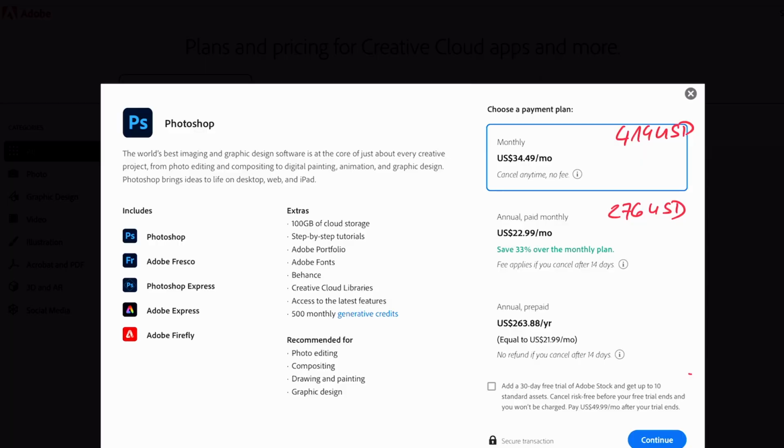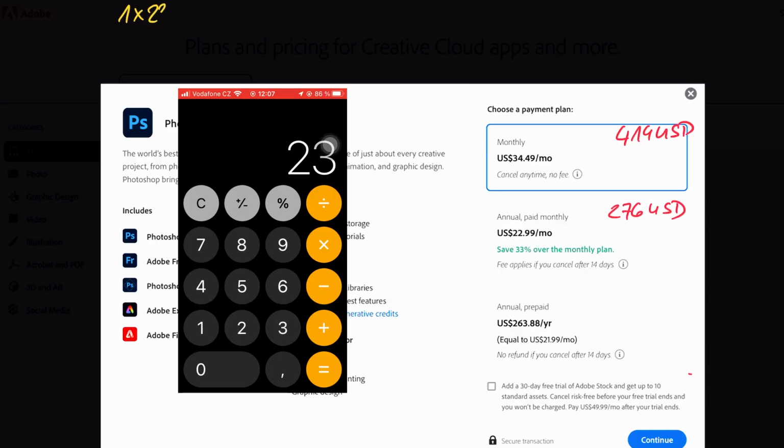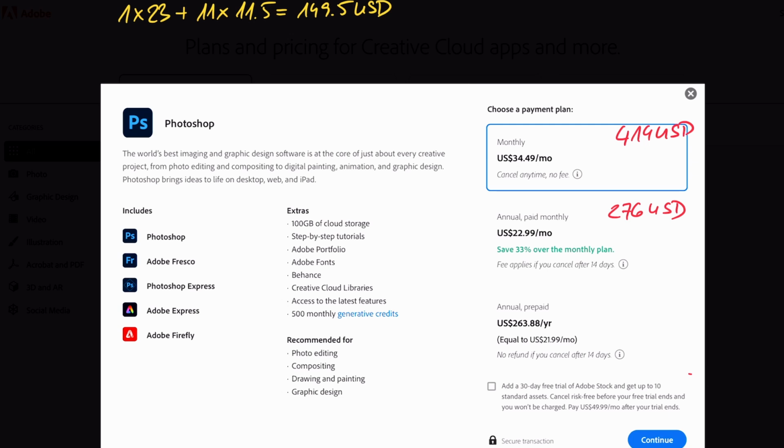What is he going to pay? He is going to pay 1 month fully and 11 months for half the price. So in total, he is going to pay $149.50, which is quite a lot compared with $34.50 if you pay only 1 month using the monthly plan. So it seems like quite a disaster.